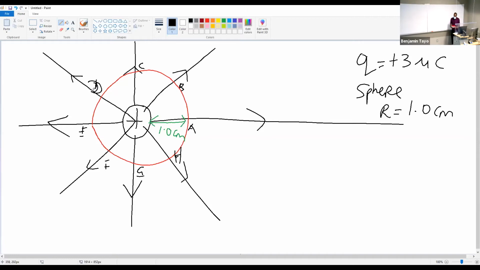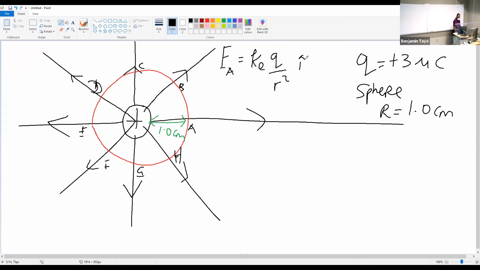Now I'm going to write this down, but you guys can check this calculation. So the electric field at point A would just be k_e Q divided by distance squared, and this will be pointing in the i-hat direction.